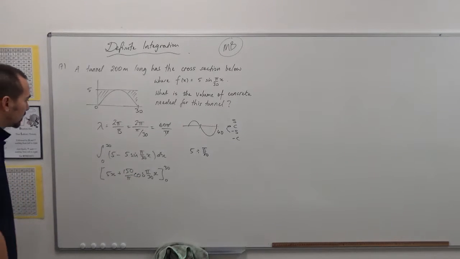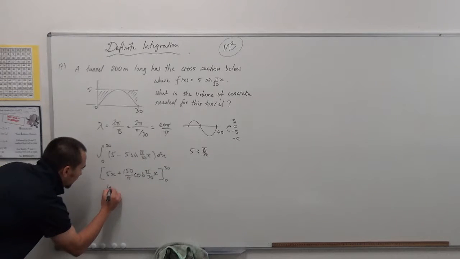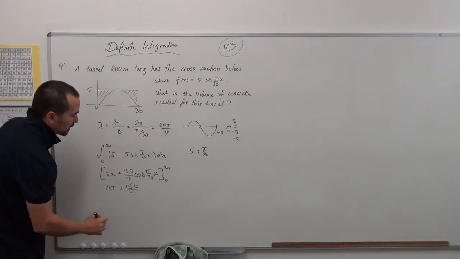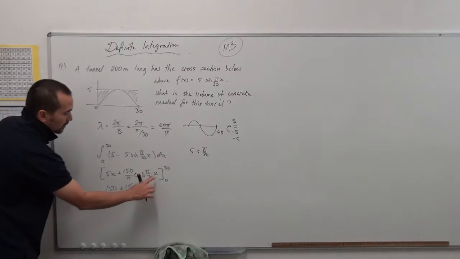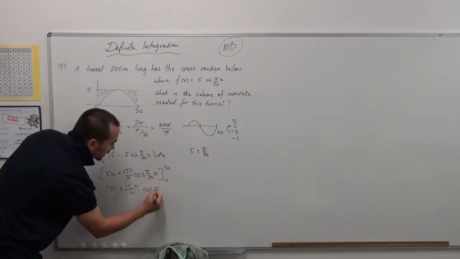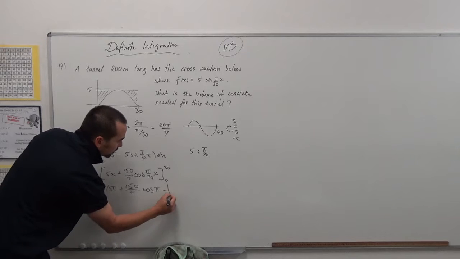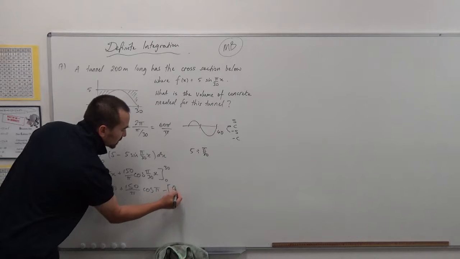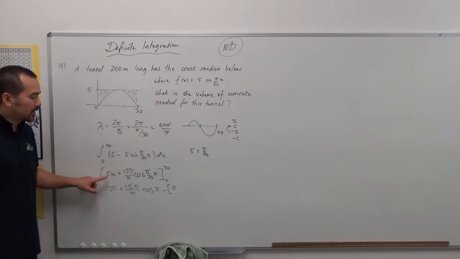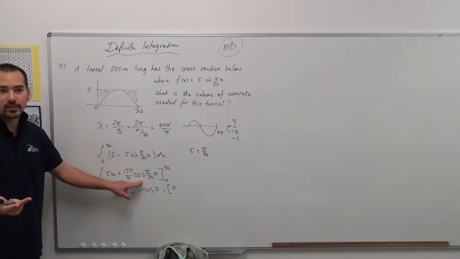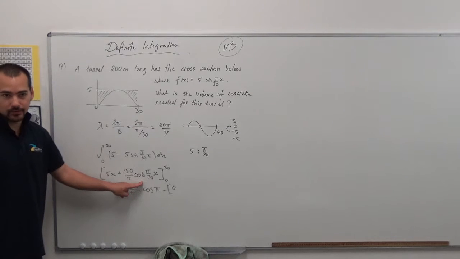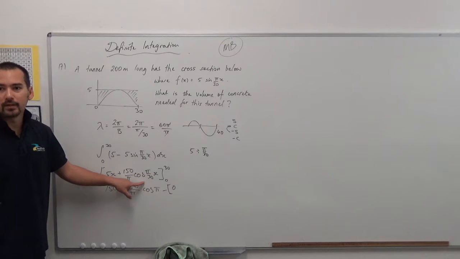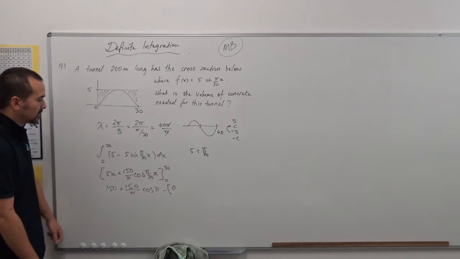And we're nearly done now. So substitute 30 in, and we get 150 plus 150 on pi times cosine. 30 cancels with 30, so I get cosine pi. Take away, and substitute 0. Now, with polynomials, we know that we just get 0 there, okay? But when it comes to cosine, sine, and the e function, you can't just put 0. Sine you can, but cosine, you're going to get 1, for cosine 0.